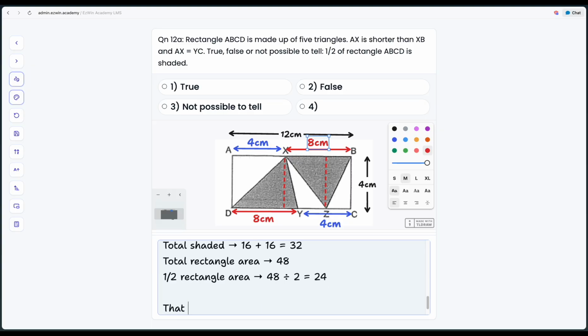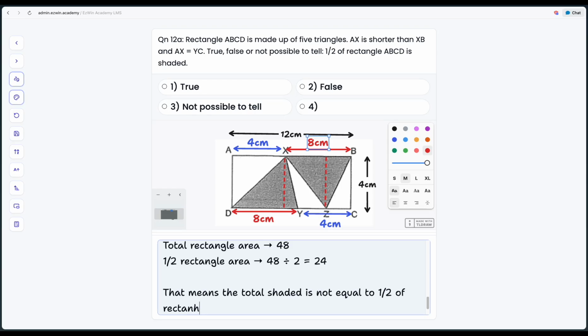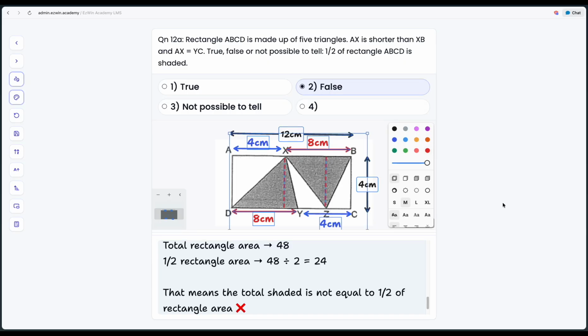So that means the total shaded is not equal to half of the rectangle area. So this is a cross and this is false. Let's move on to the next statement.